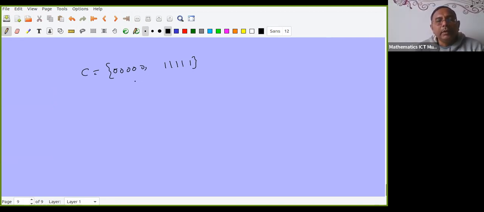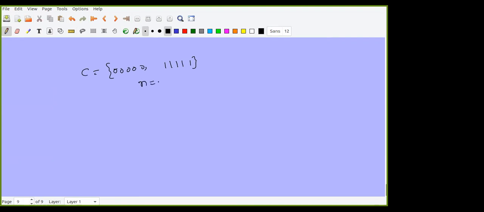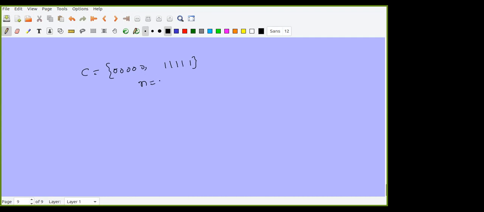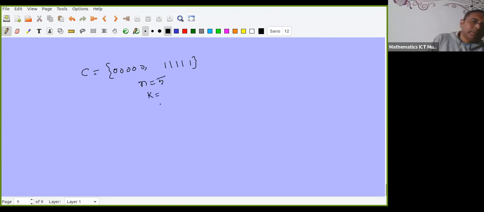Can you tell me what is n here? N means the length of the code word, so it's 5. What is k? K is the dimension of the code. The size of the code, m, is 2 power k.